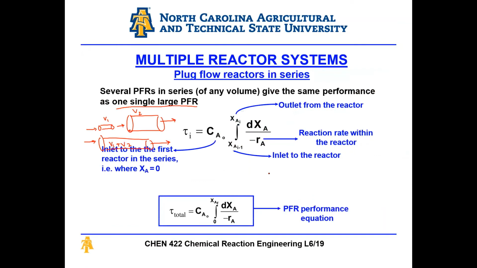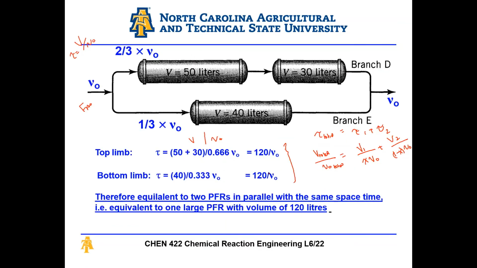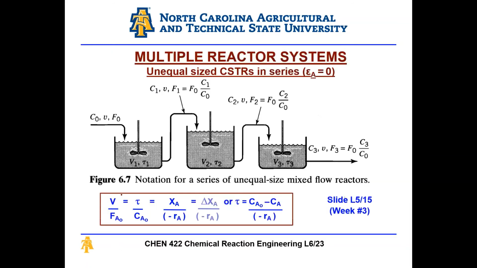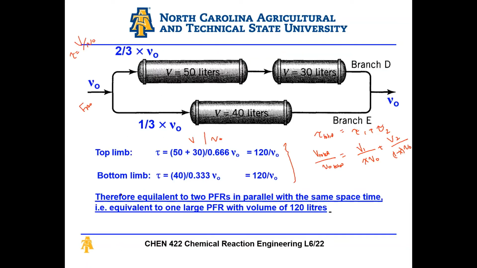In the case of series, if I have PFRs in series, as we said, a PFR of V1 and a PFR of V2 is the same performance as one large PFR of V1 plus V2, right?